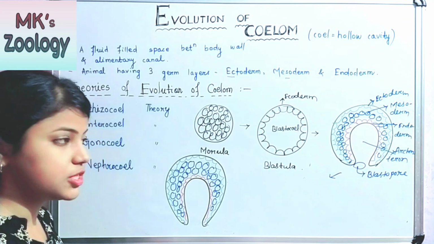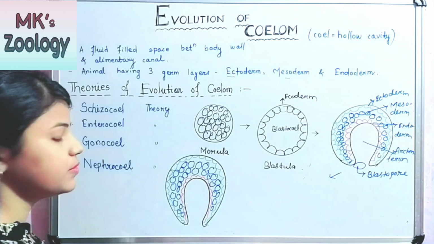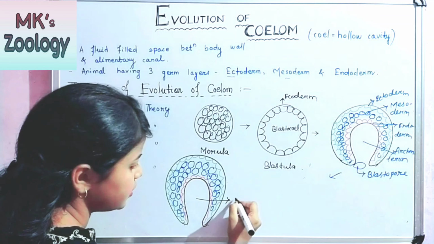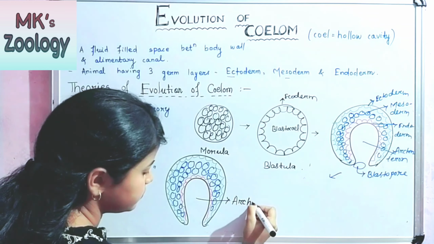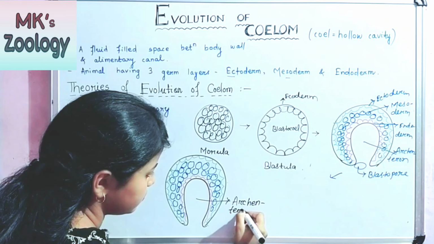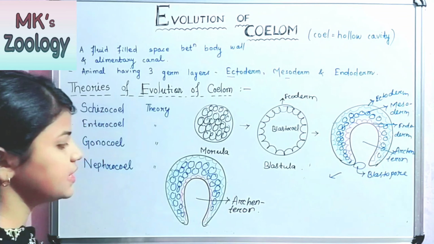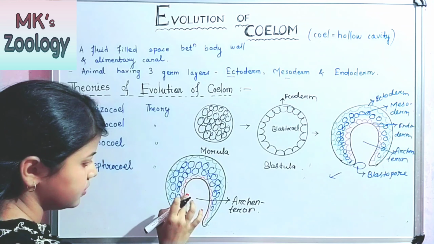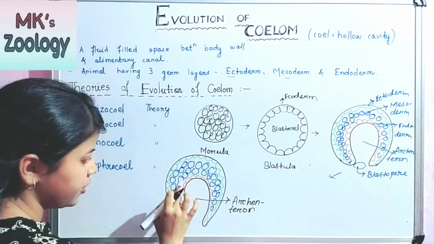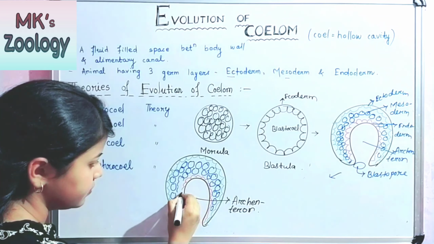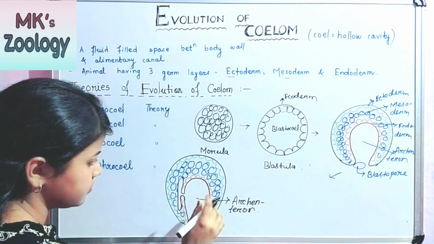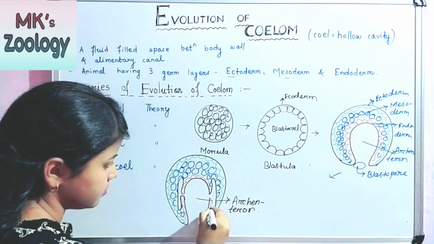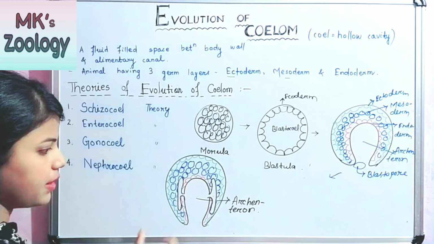But how is the coelom formed here? The coelom is formed by the archenteron pouches. This is your archenteron. The coelom is formed from the archenteron pouch. A pouch is formed here like this.